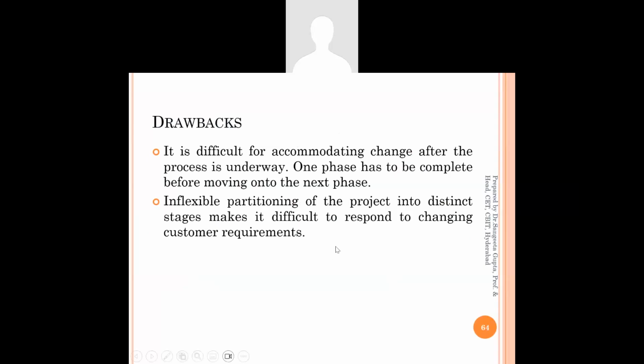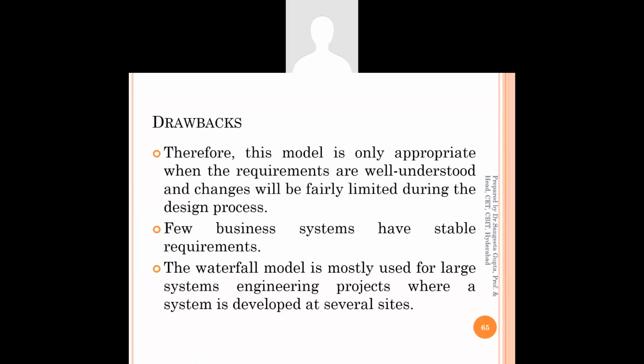The limitations of proceeding with this waterfall model are: it is difficult to accommodate changes after the process is underway. One phase has to be completed before moving on with the next phase. Also, if the project is not partitioned flexibly into different stages, then it would be difficult to meet various customer requirements.